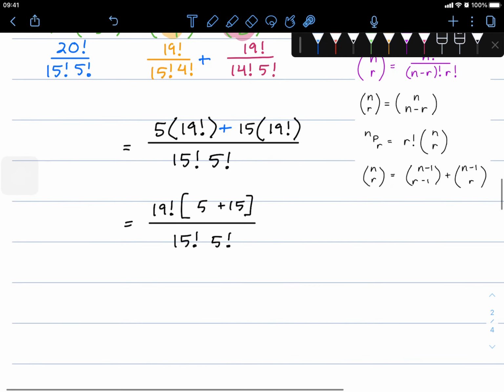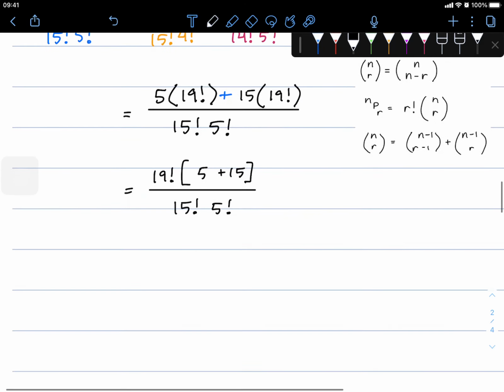Now, in case you're wondering, if we multiply this out, we get this, and if we multiply this out, we get this expression. But then that becomes 20. That's 19 factorial times 20 over 15 factorial times 5 factorial.